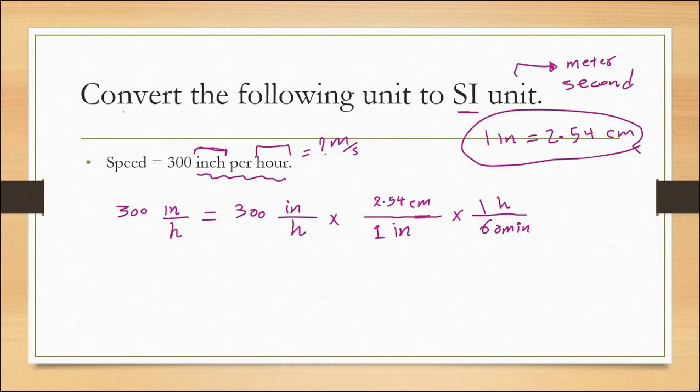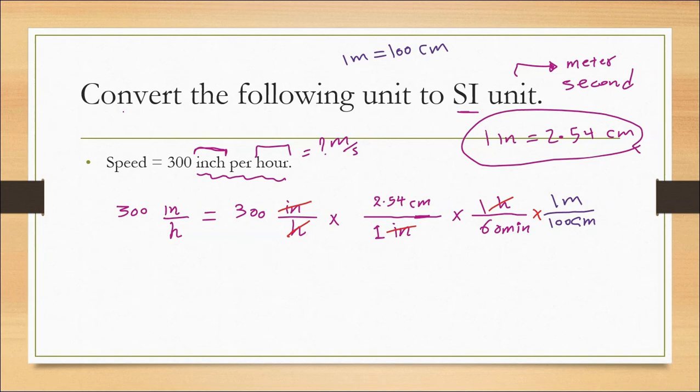Now I can cancel hour, up, down, and inch. But now I have centimeter and minutes. I want meter per second, not centimeter per minute. So again, multiply by another fraction to cancel centimeter. I know that 1 meter is equal to 100 centimeter. So 1 meter, 100 centimeter. Now it can be cancelled.